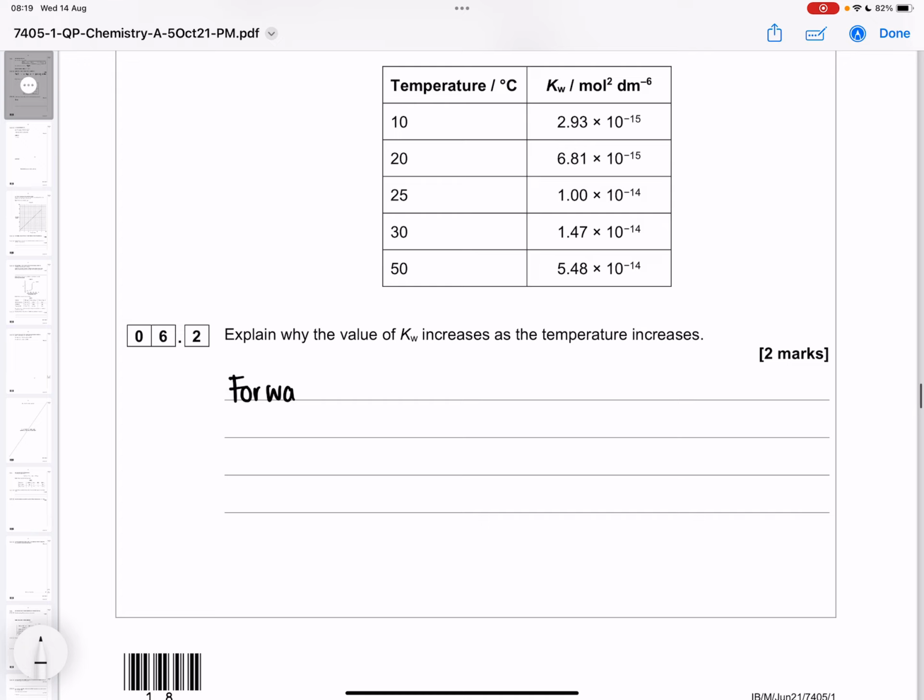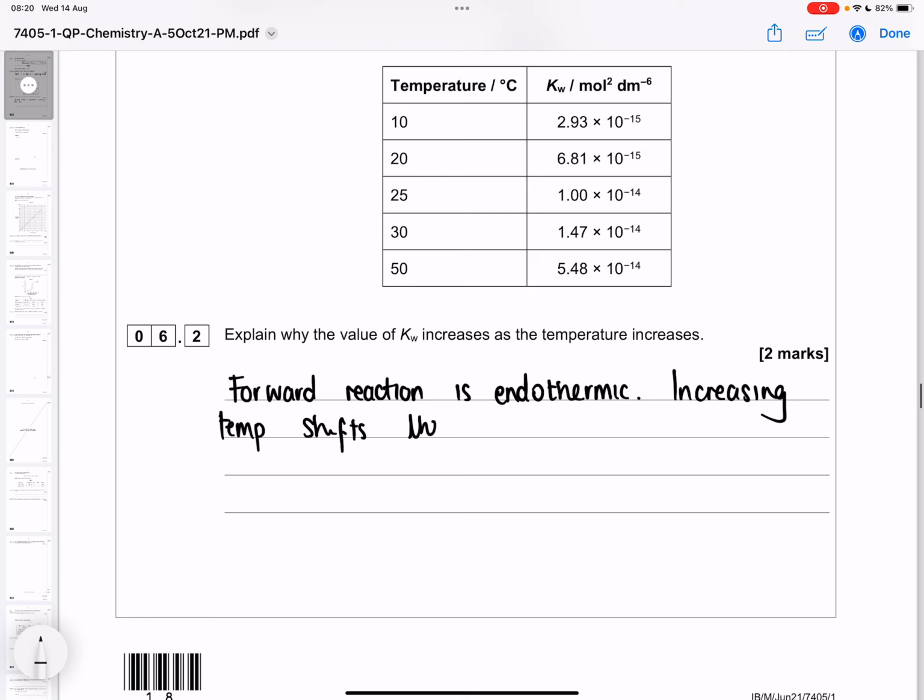So forward reaction is endothermic. Increasing temperature shifts the equilibrium to the right hand side to oppose the change and reduce temperature.